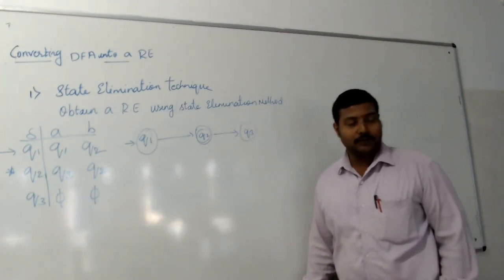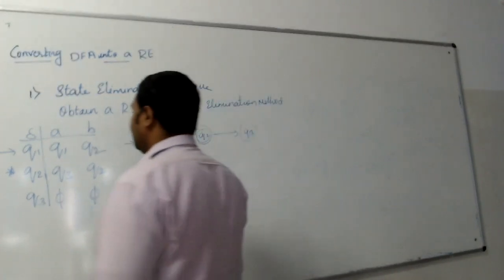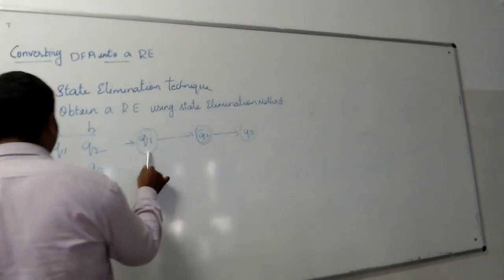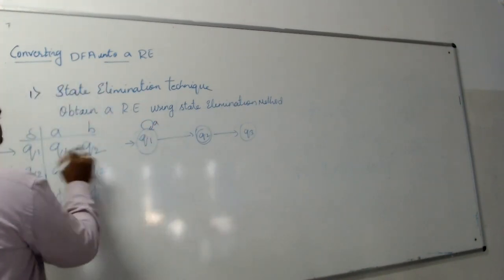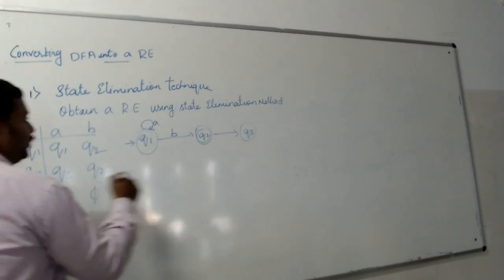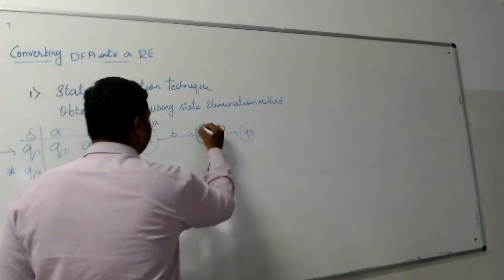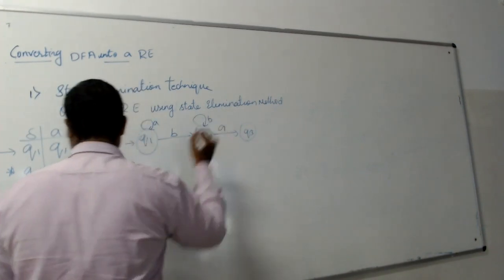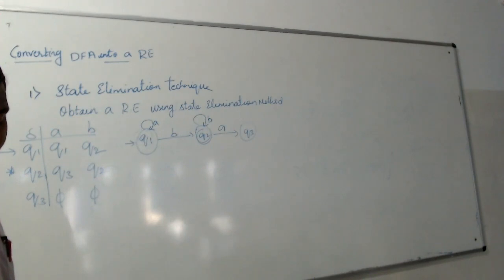Yes, Q2 as a final state. Now we will design: Q1 on A is moving on to Q1, Q1 on B is moving on to Q2, Q2 on A is moving on to Q3, Q2 on B is moving on to Q2 itself, and Q3 has nothing.